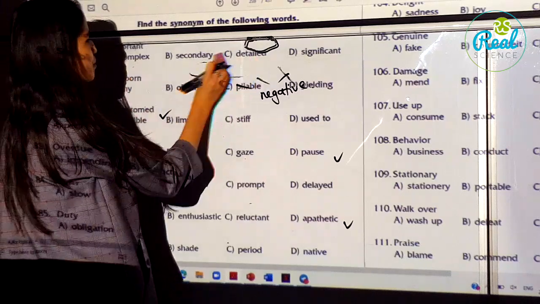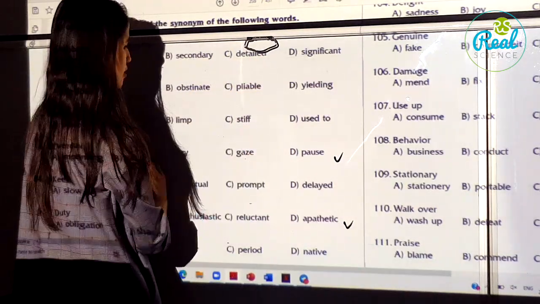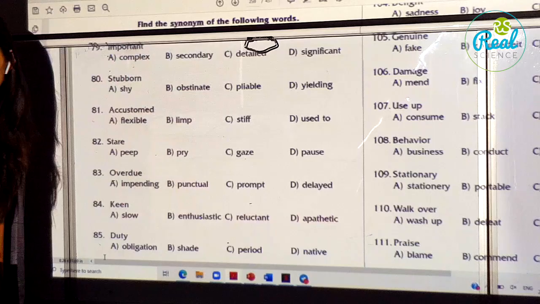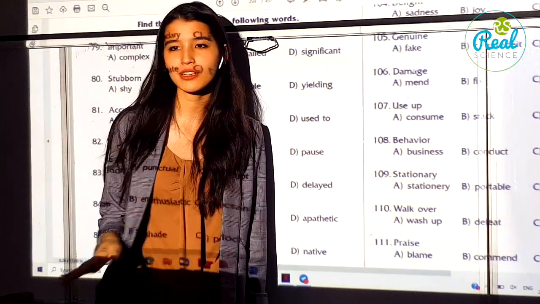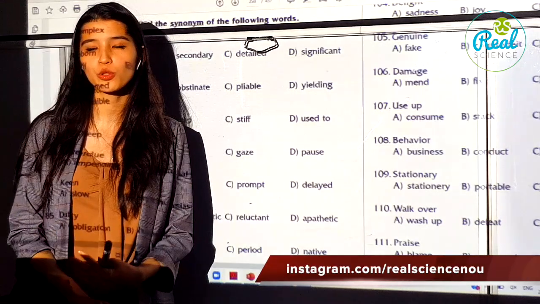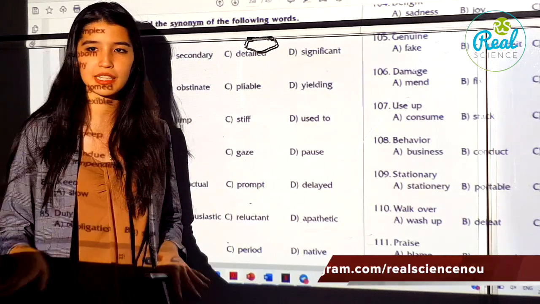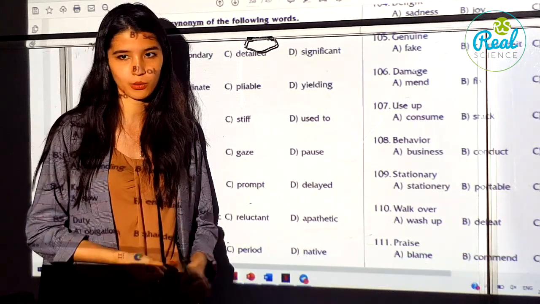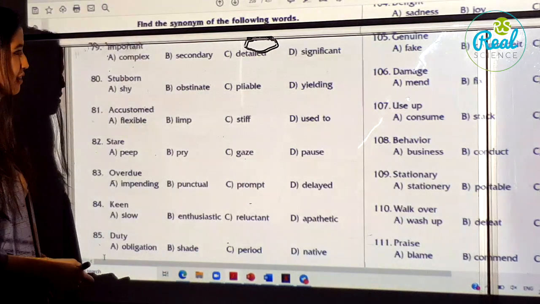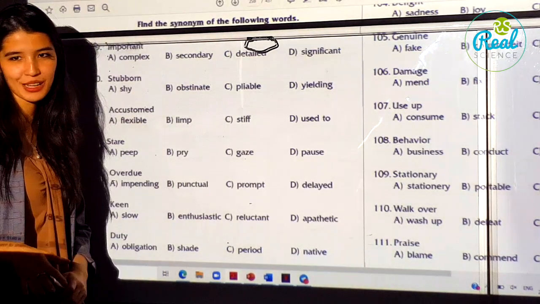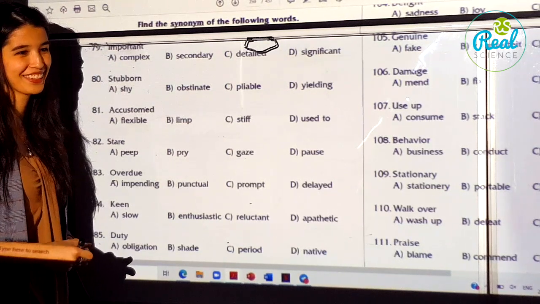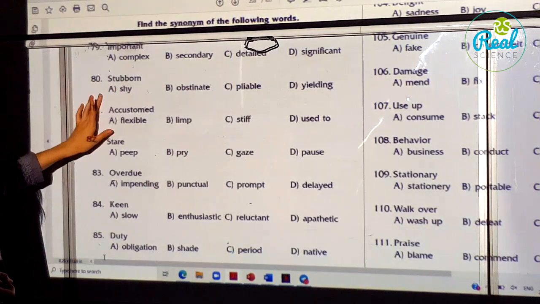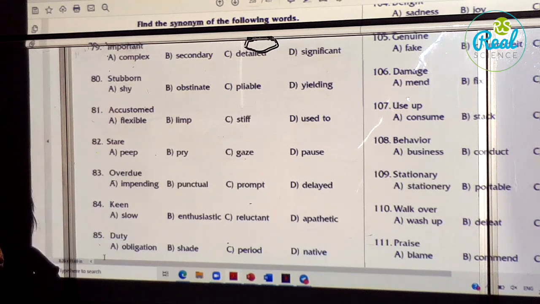Stubborn is when you don't change your mind. It doesn't matter what a person tries to prove, what kind of arguments they show, you will not change your mind. You are stubborn. We have actually stubborn students. Obstinate. So stubborn, obstinate, shy, or yielding.